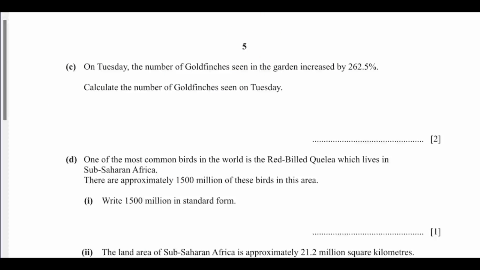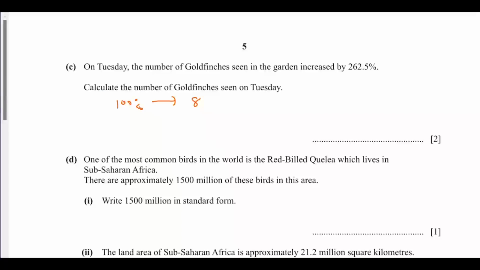That will be question 2C. On Tuesday, the number of goldfinches seen in the garden increased by 262.5%. Calculate the number of goldfinches seen on Tuesday. So that means at 100% you have 8.